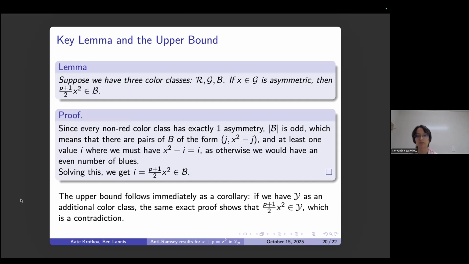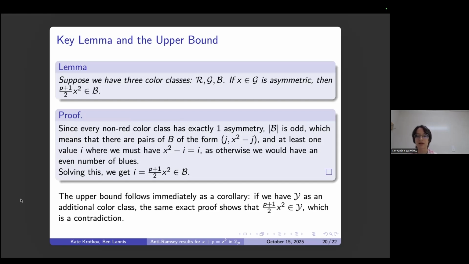But because the cardinality is odd, we have to have one element such that j is equal to x squared minus j, or I as I call it here. Otherwise, if all these pairs were distinct, we would have an even number of elements, because every pair has two distinct elements. And we want the cardinality of B to be odd, so that can't happen.